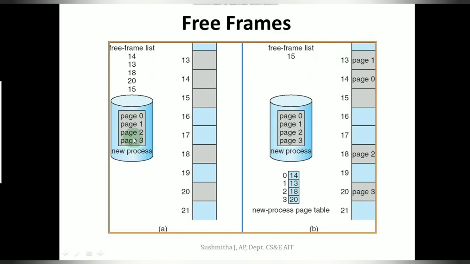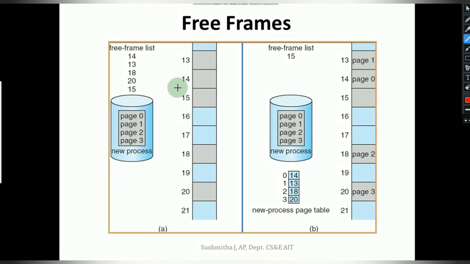Now if I say there is a new process, and the new process contains 4 pages, then to complete its execution it needs 4 pages of memory. This is the free frame list that I have. I have frames 14, 13, 18, 20 and 15 to be free.